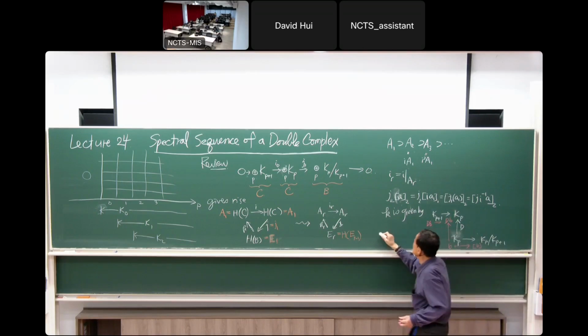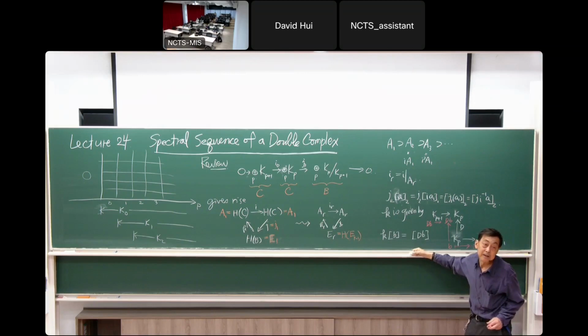And then k of the class of b is just the class of db, the cohomology class of db. Okay?